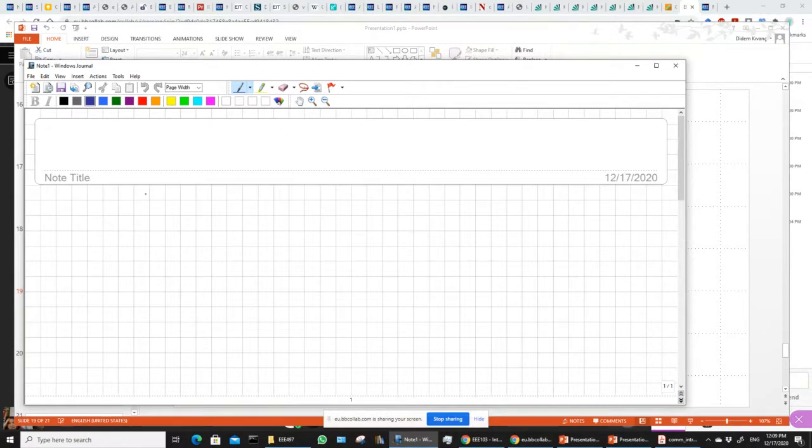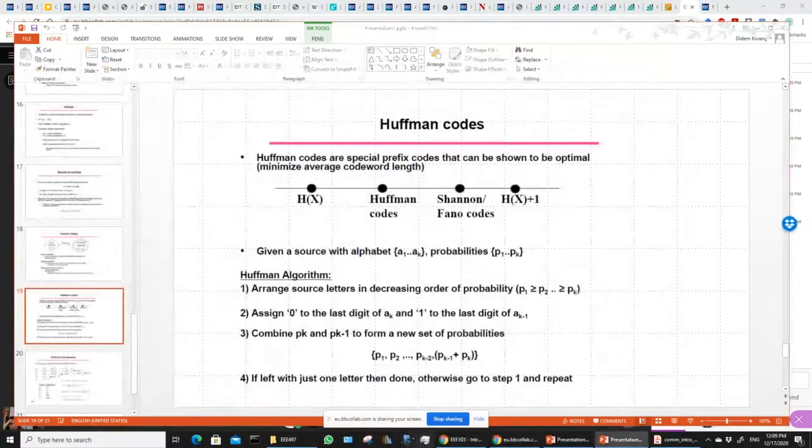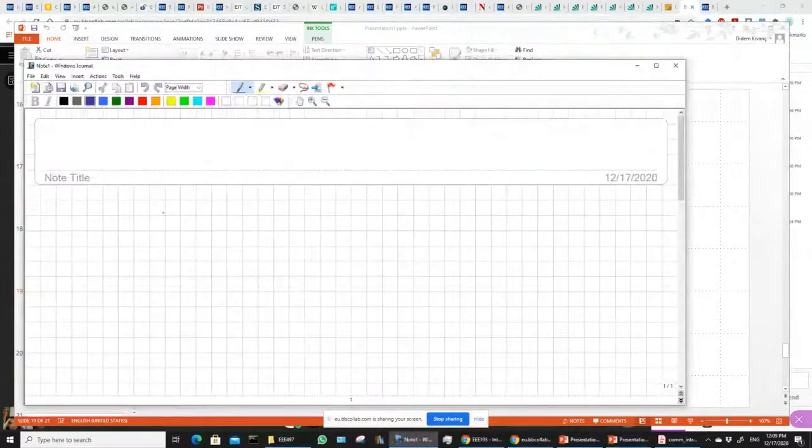So for instance, suppose we have an alphabet where we have white. We have 3 symbols. Some pixels are white, some pixels are black, some pixels are pink. And suppose of all the pixels, let's say 8 out of 10 are white.